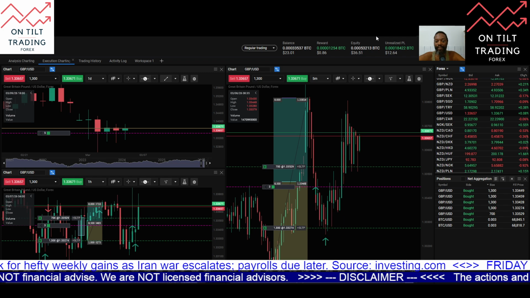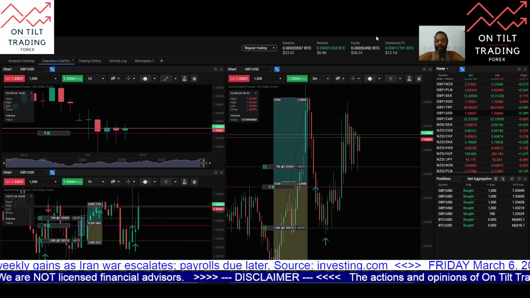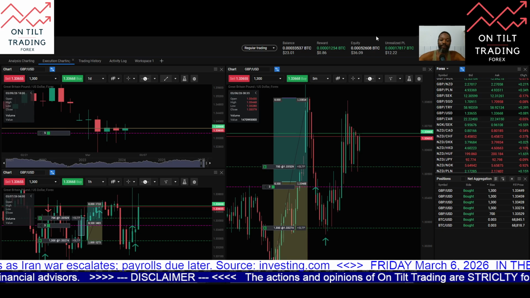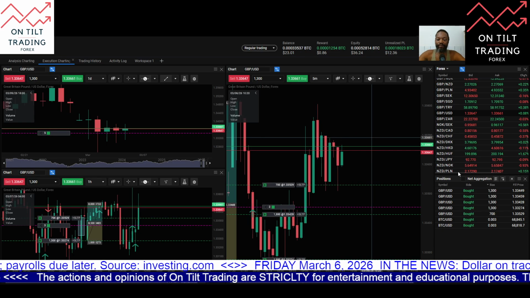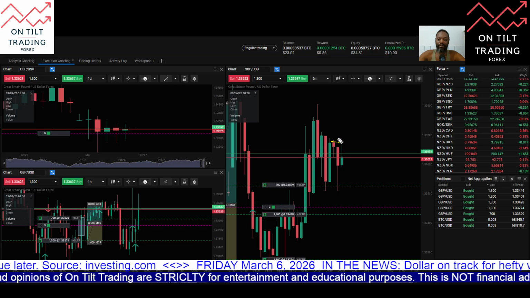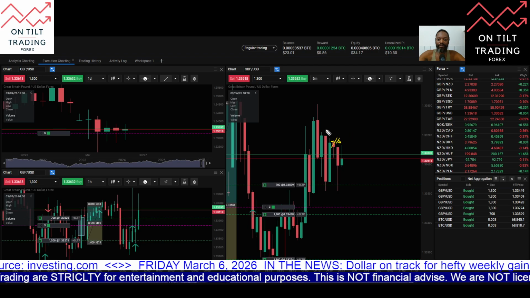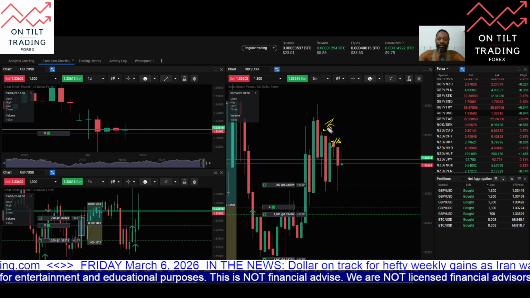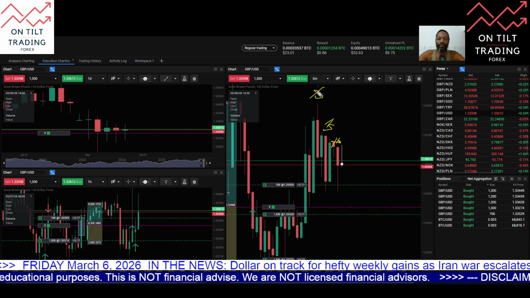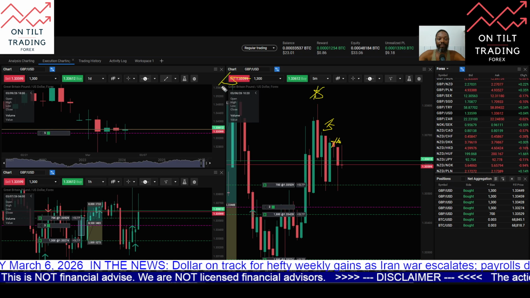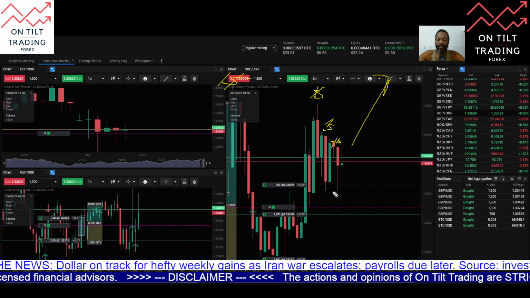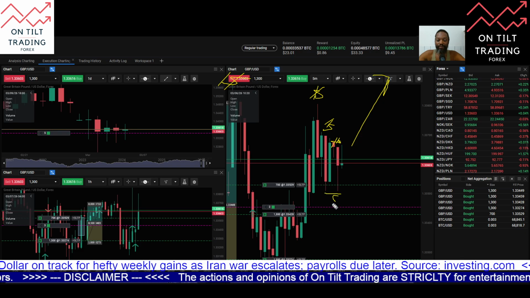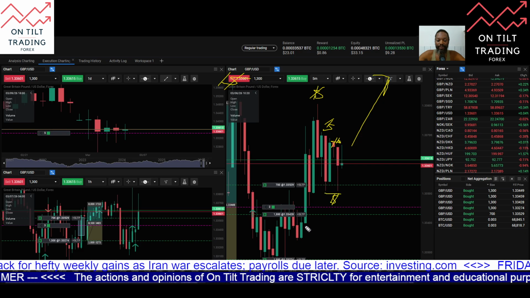And some buy-side liquidity has been swept here at the high of this candle. Here, that liquidity has been swept. There's liquidity here, here, and also here. We'll see if price wants to continue seeking buy-side liquidity or if price wants to come down for sell side.